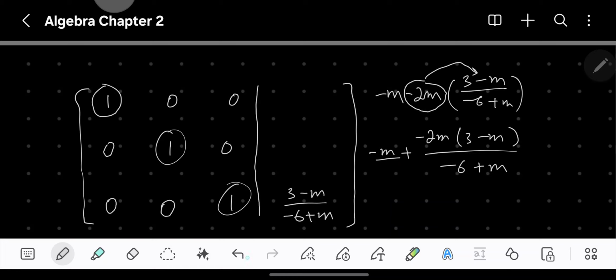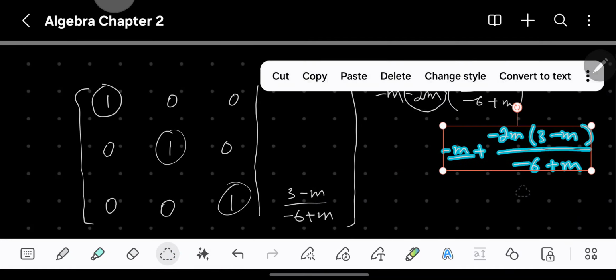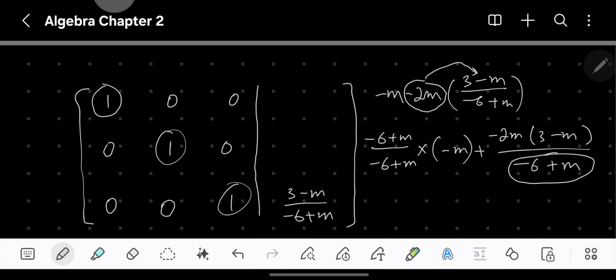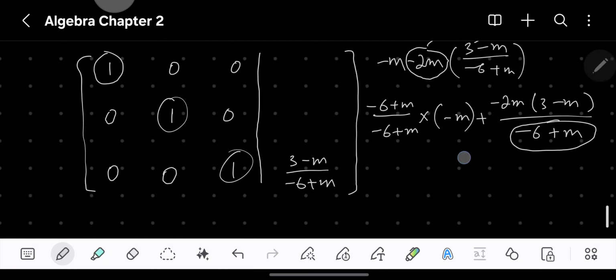How can I make it? I can make it by multiplying and dividing with the same thing. How can I do that? I have to multiply and divide with this thing, minus 6 plus m. Okay, I have to multiply and divide by minus m.